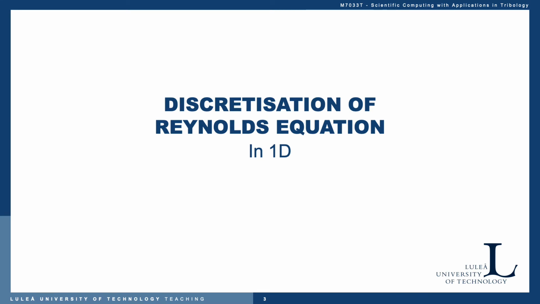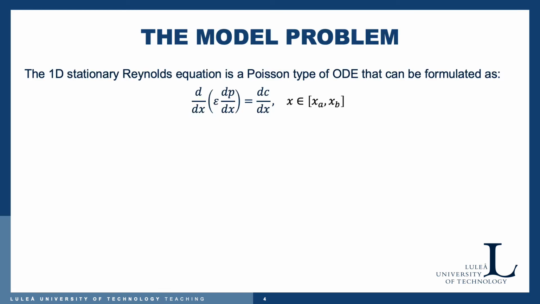We will now consider the discretization of the Reynolds equation in 1D. In 1D, the stationary Reynolds equation is just a Poisson type of ordinary differential equation, and it can be formulated like this.